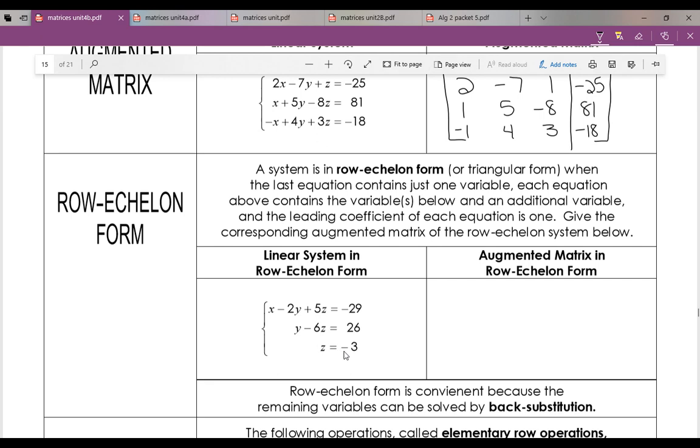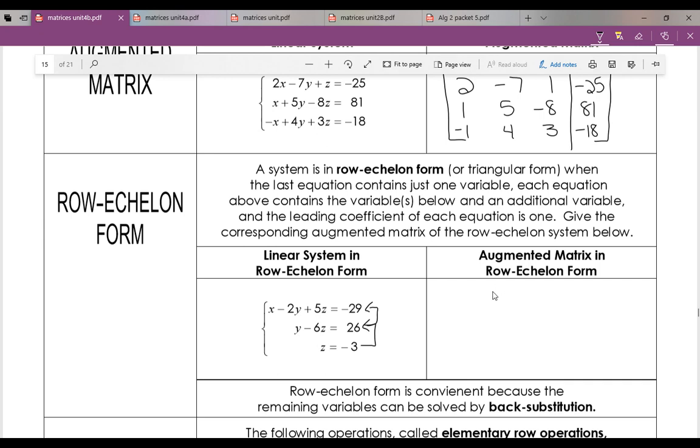So if you notice, the bottom equation is a z. When you go up one, you've got yz. And then if you go up to the top, you have x, y, and z. So you start with z and you backtrack to yz. You picked up the variable y. Then you pick up x on the top row.